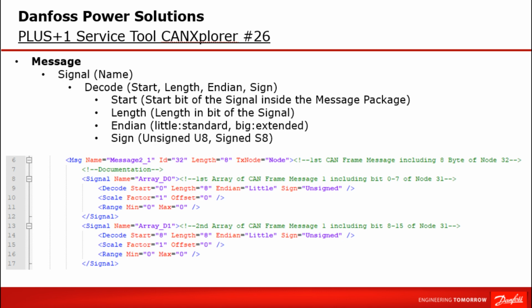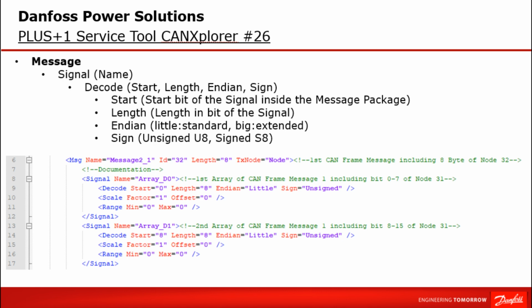Let's start with the signal, which will be the next element where you can assign or create specific signals referring to the earlier created message. With signals, you have the possibility to split the CAN package called message into specific signals, defining the start position and length of bits.